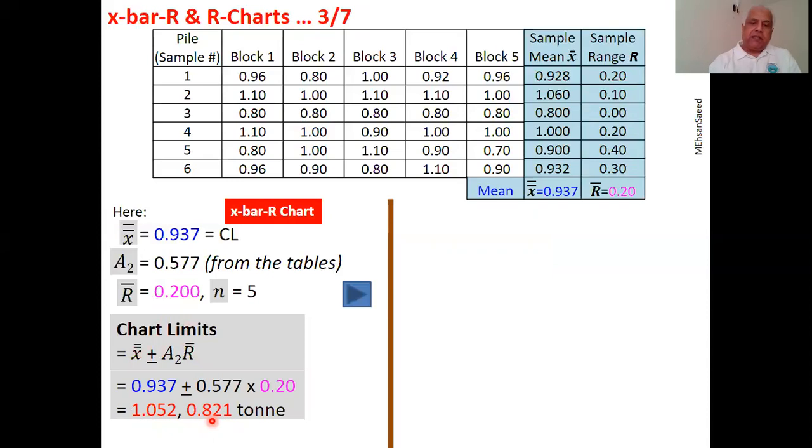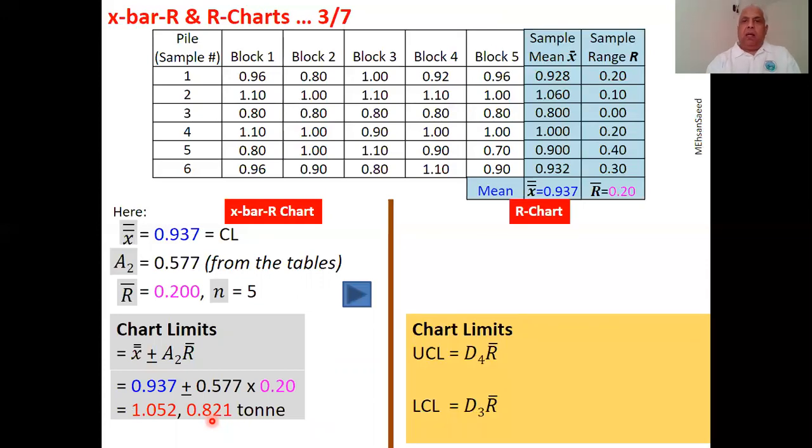Before we draw the chart, let's work out the limits for the dispersion chart also. The formula for the dispersion chart, or firstly, what chart to be used? Since it is the X bar R chart, the corresponding chart for dispersion is the R chart.